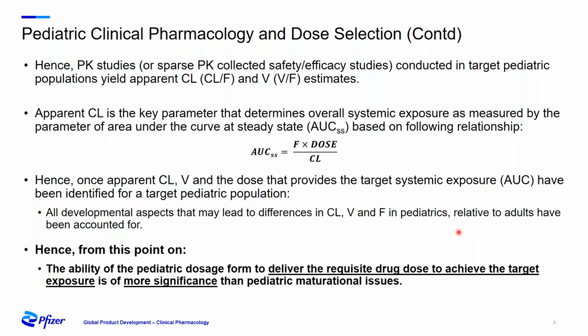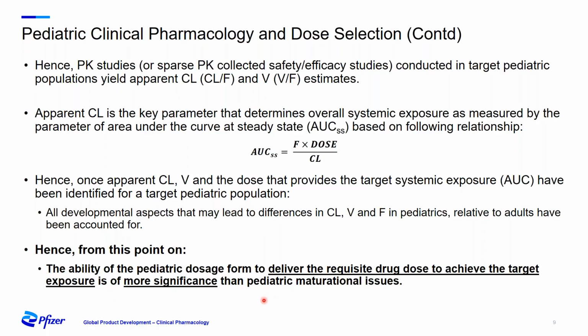And I repeat that because this is one of the most important concepts here: from that point onwards, once you have those estimates, the ability of the pediatric dosage form to deliver the requisite drug dose to achieve the target exposure is of more significance than the pediatric maturational issues.